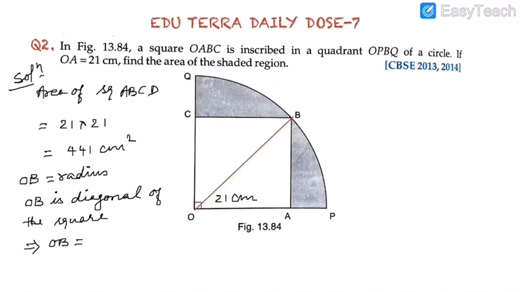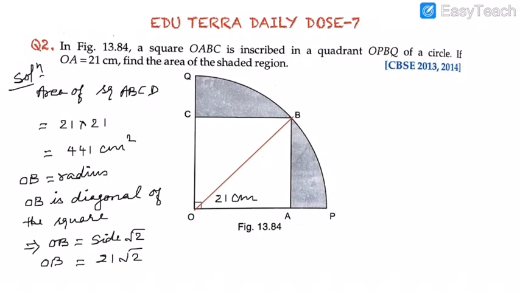OB equals side root 2, which means 21 root 2 centimeters, because the side is 21 centimeters.